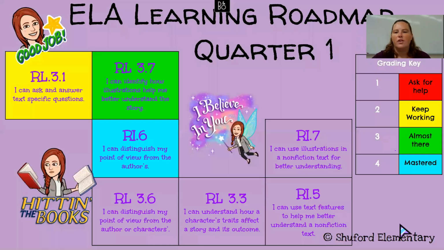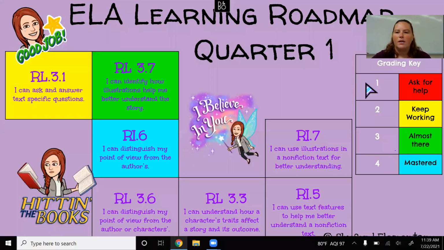So once we have tracked our quarterly goals, then we're thinking about our standard goals. So in our district we do standard-based grading. So our students, by the time they get to 3rd grade, they're very familiar with what our numbers mean, but we have a key over here just so that they know and they can correlate the color to their grade number.